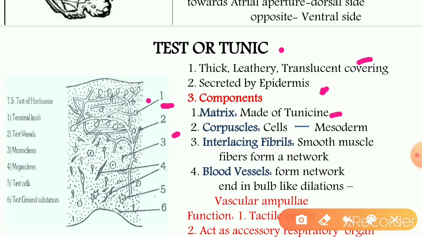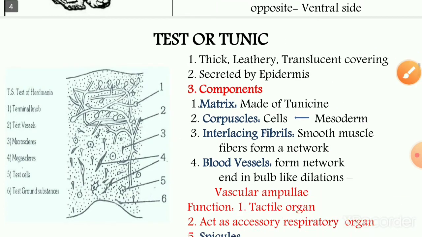Next are corpuscles, means blood cells. These cells have been derived from the mesoderm layer. Interlacing fibrils, it has fibers like smooth muscle fibers that form a network. Then the blood vessels. These form a network and end in bulb-like dilations, and these dilations are called vascular ampullae.